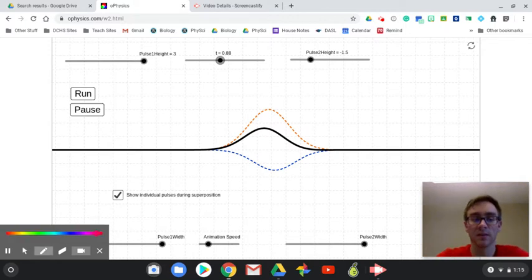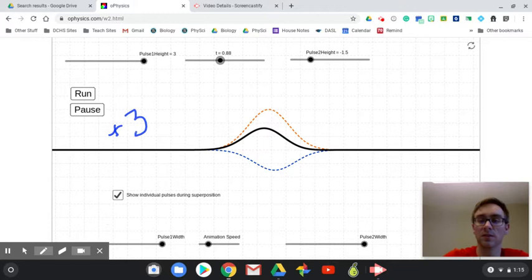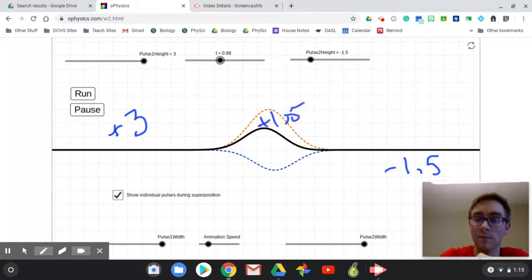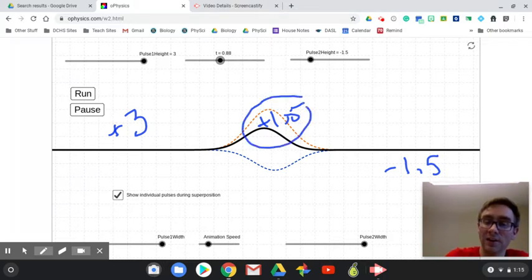So in this case, I started with a +3 amplitude and a -1.5 amplitude, and I've created a wave that has a +1.5 amplitude. So it's going to be quieter than the +3 wave, but not quite as much.